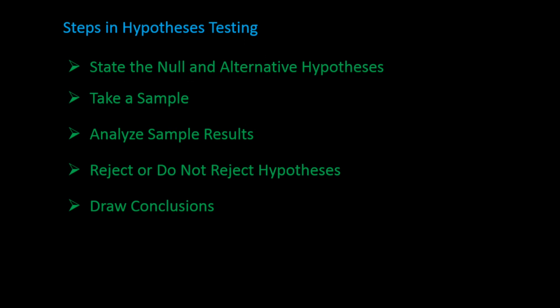As you can see, the steps all culminate in a conclusion. So if the foundation, the formulation of the null and alternative hypothesis, is not solid, then the subsequent steps may lead to conclusions that are not helpful in solving the research problem.